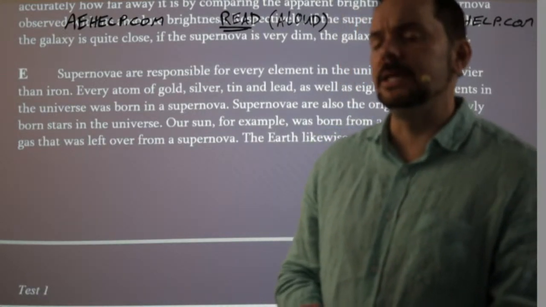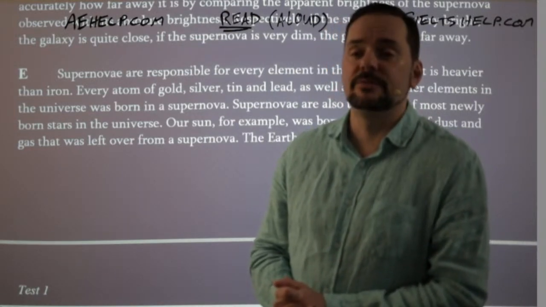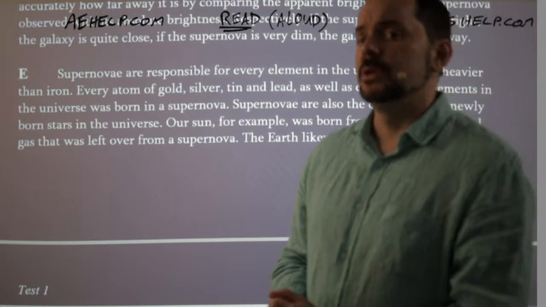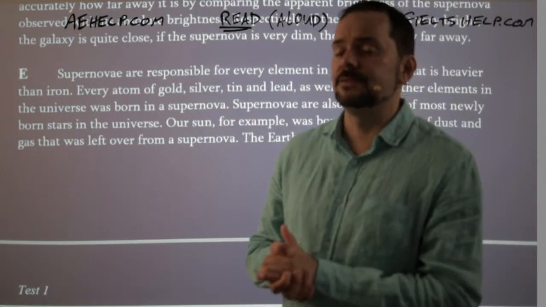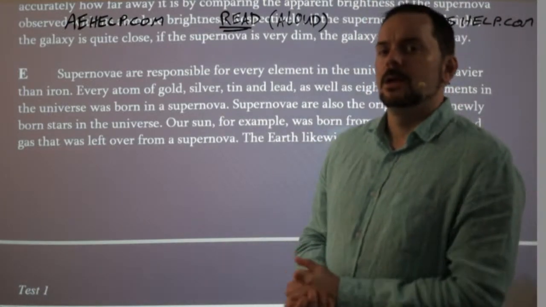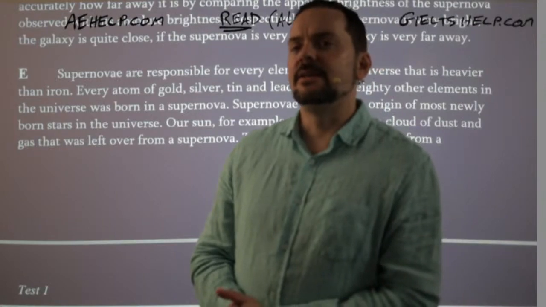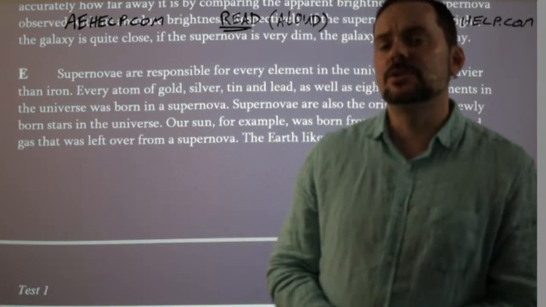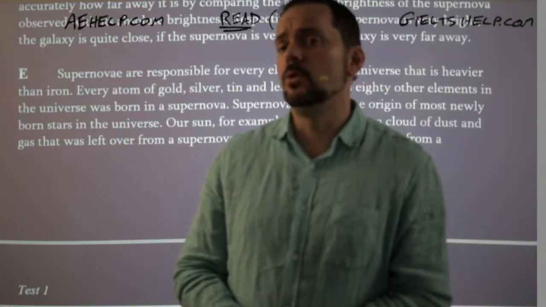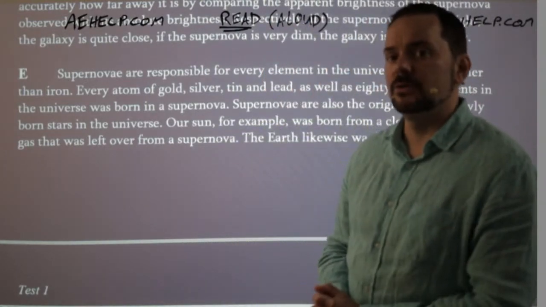It could be related to standard candles. I don't know enough about astronomy, but you have to be careful not to assume that if it's not mentioned in the passage. Okay. Sammy says it's about the type 1a brightness and levels. Yeah, so Sammy, here it's not so much about levels because there's really only one level of brightness for the type 1a supernova.